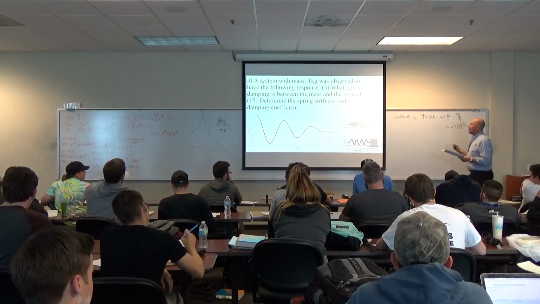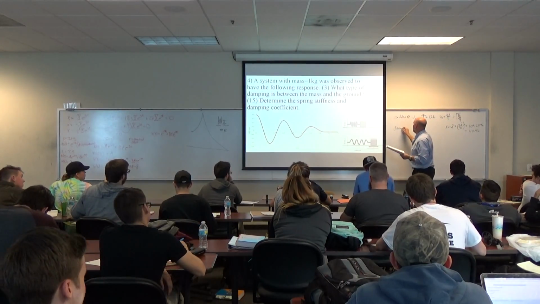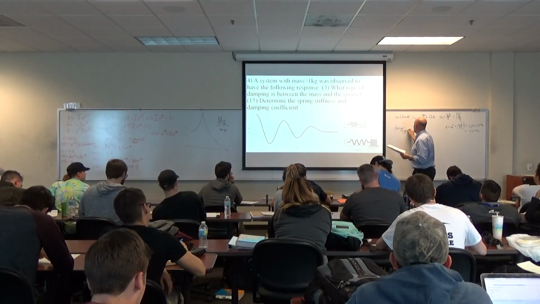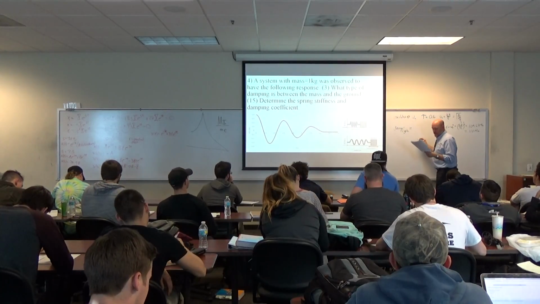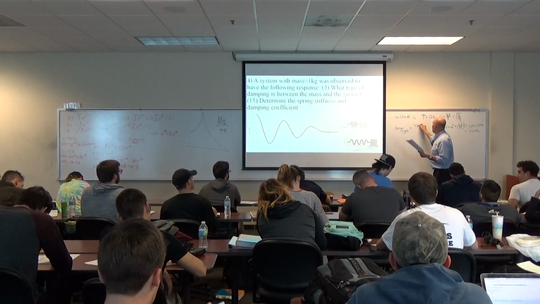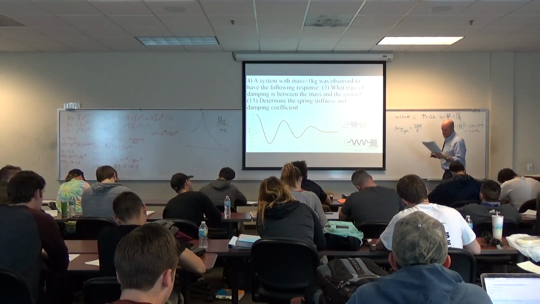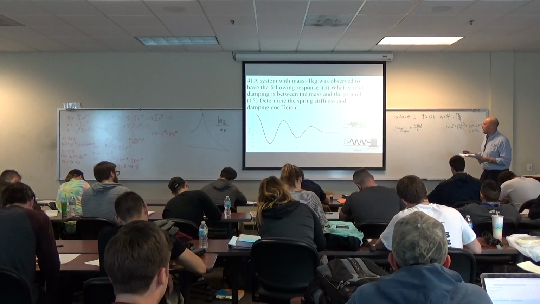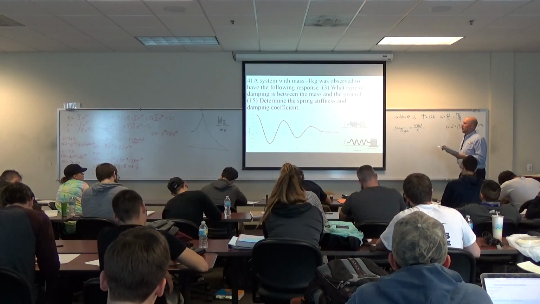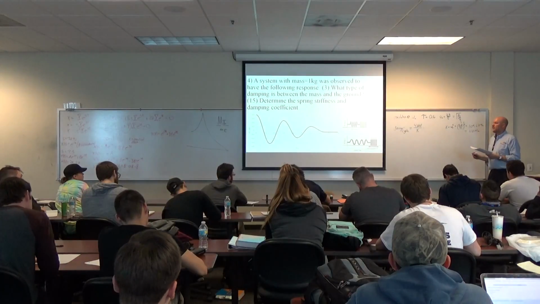From dry friction, you get your decay per cycle, and that is 4 mu N over k. What's our decay per cycle?